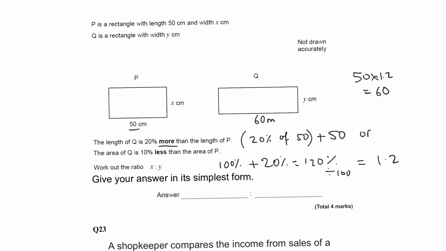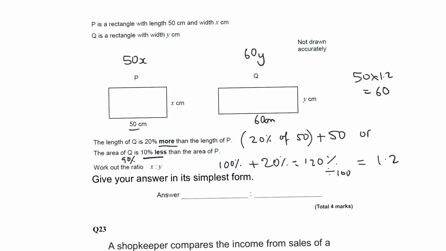Now, we know the area is length times width. So the area of P would be 50 times X, and the area of Q would be 60 times Y. Notice how it says the area of Q is 10% less than the area of P. If something's 10% less than 100, that's equal to 90%.